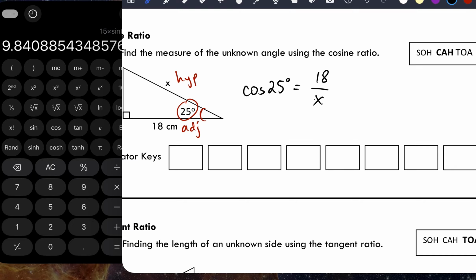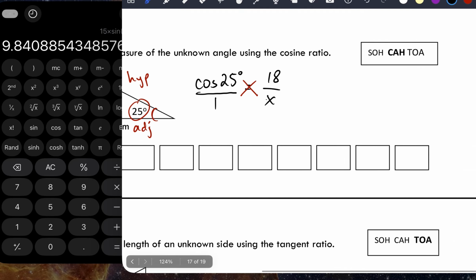Okay. To get rid of x in the denominator, here's where you might have to cross multiply. So let's write cosine 25 as a fraction. And we're going to cross multiply. Okay. So here you're going to have x cosine 25 equals 18. So it's just an extra step when x is in the bottom. Okay.